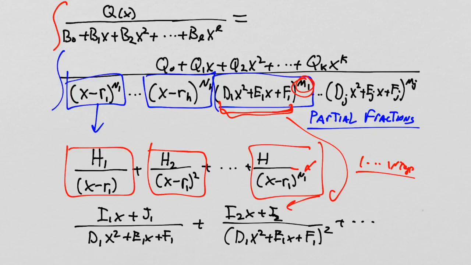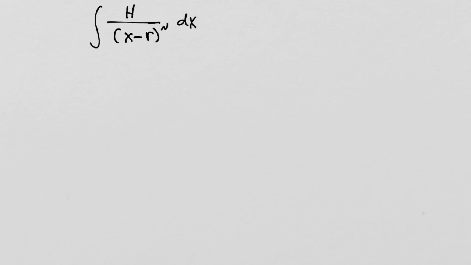And we definitely need to be able to do that, and we also need to be able to integrate these things. So we need to integrate polynomials of arbitrary powers in the denominator, quadratic polynomials, and linear terms in the numerator. All right, so let's see if we can quickly do this guy here. That doesn't look too hard. Well, that's the integral we want to do.